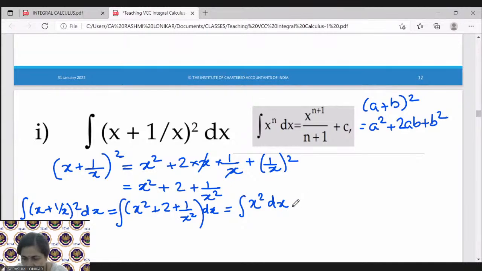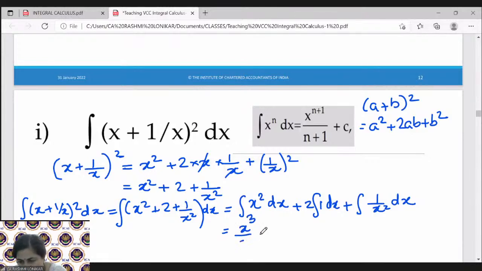So x square dx plus 2 integral of 1 dx plus integral of 1 upon x square dx. Which formula am I going to use? Integral of x raised to n is equal to x raised to n plus 1 upon n plus 1. So this will give me what? x raised to 3, 2 plus 1 is 3, upon 3, plus integral of 1 dx is what? x. So this becomes 2x.